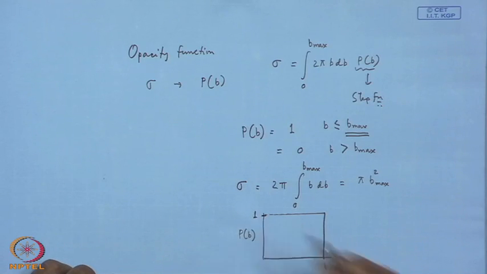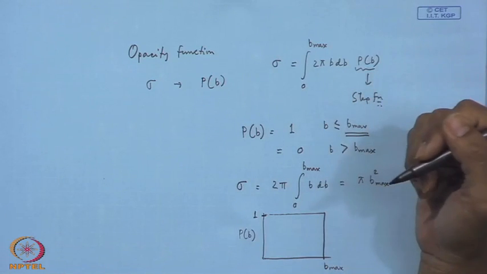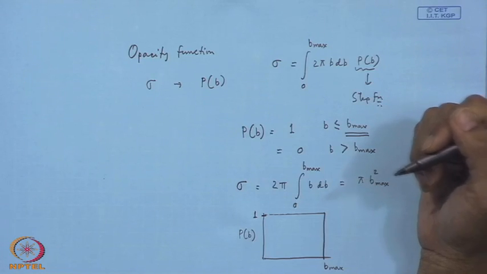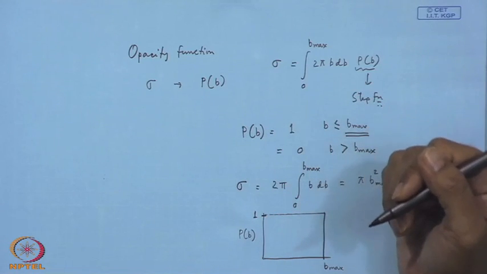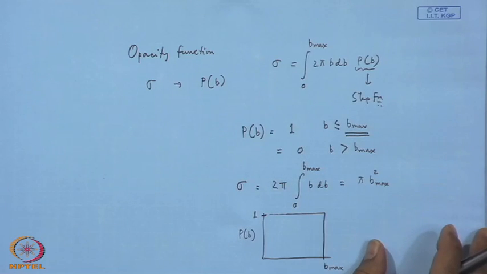So, assuming some specific functional form, rather than rigorously trying to determine Pb, consider some simple case, and then we should be able to find out the sigma. Okay, so this is about impact parameter and the opacity function, that is the reaction probability function.